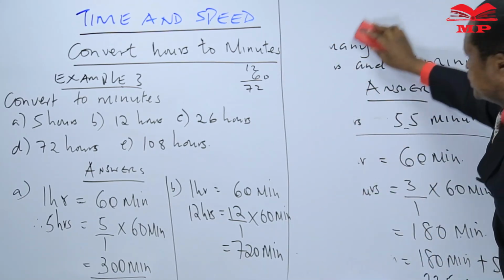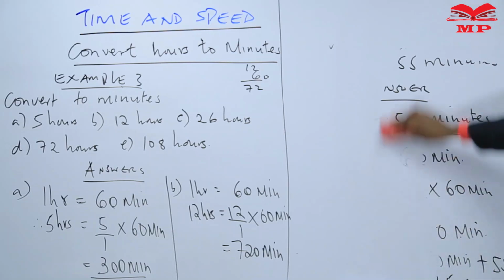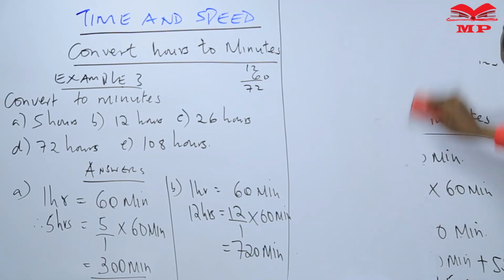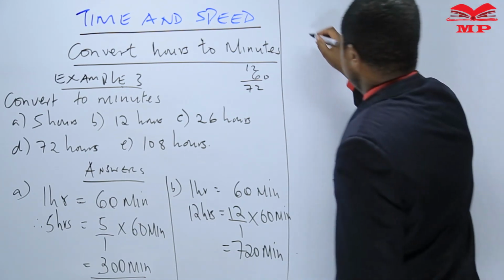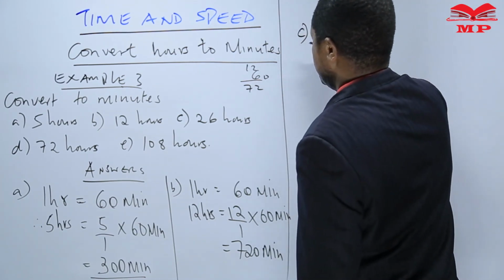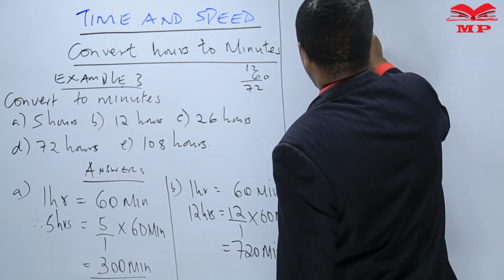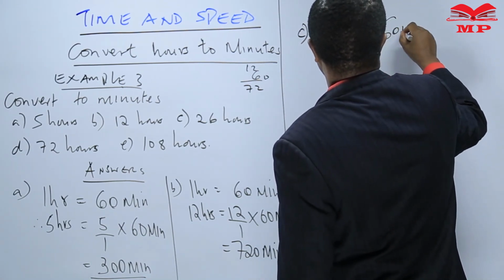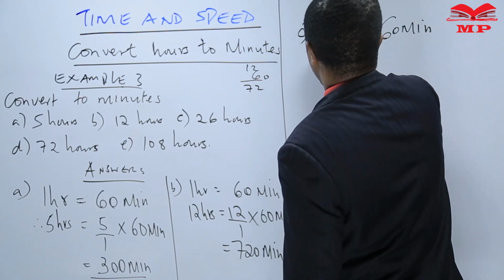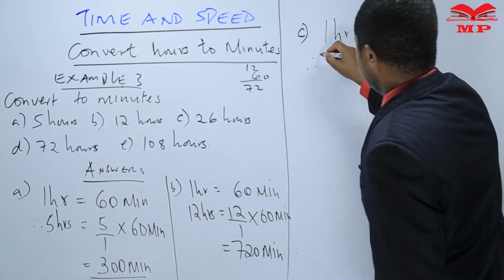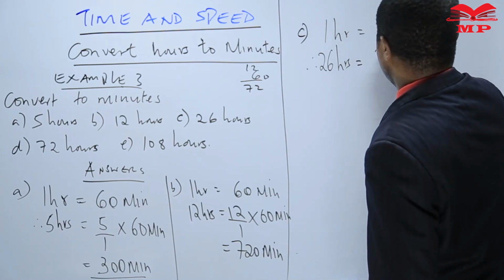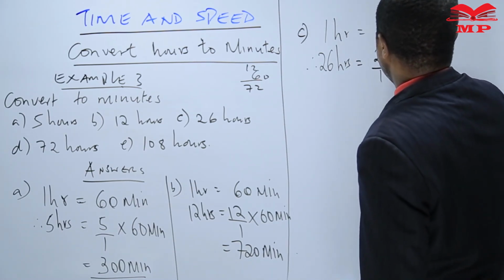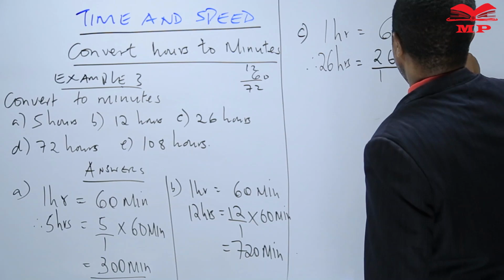Let us now move on to convert 26 hours into minutes. So we come and write C. 1 hour is equal to 60 minutes. Therefore 26 hours will be equal to 26 over 1 times 60 minutes.